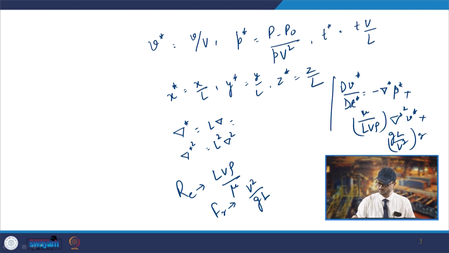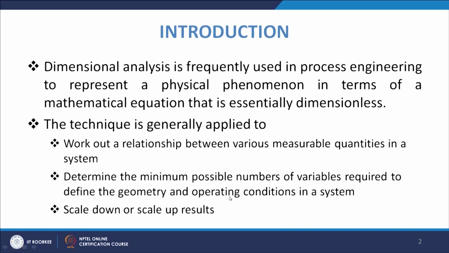So, basically you are getting these two terms, the non-dimensional quantities. What I mean to say is that normally we try to convert these equations into an essentially dimensionless form.